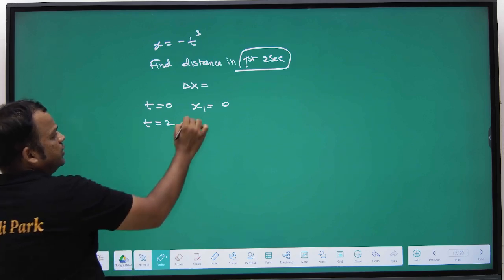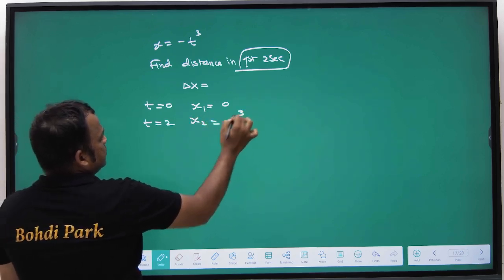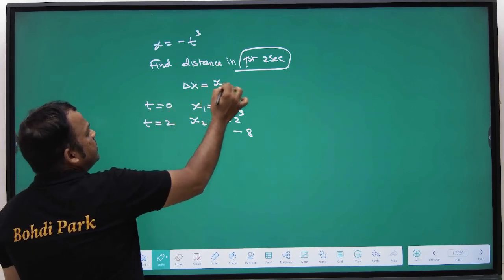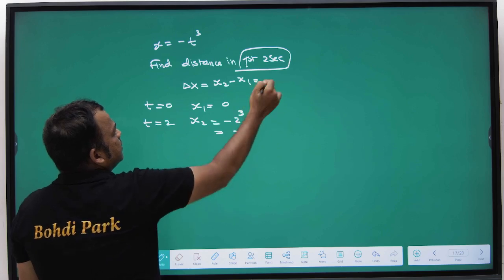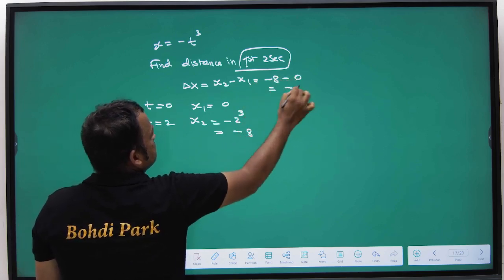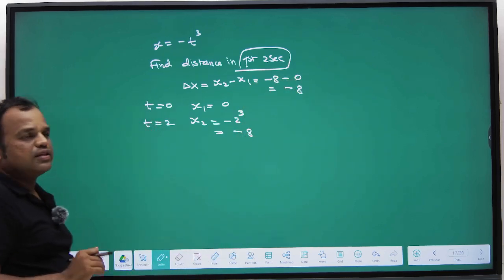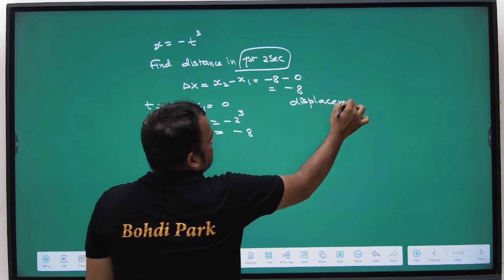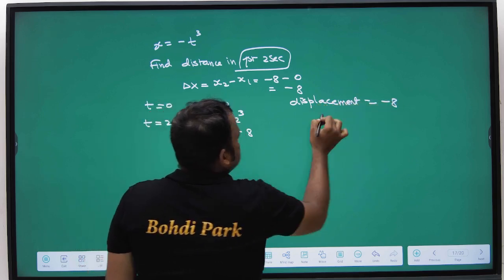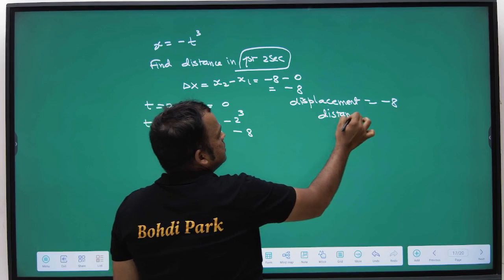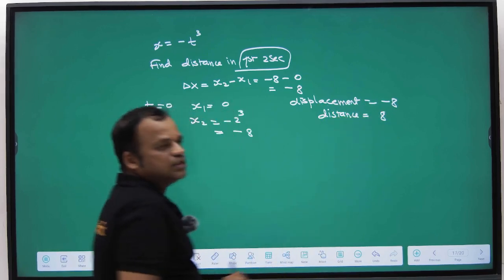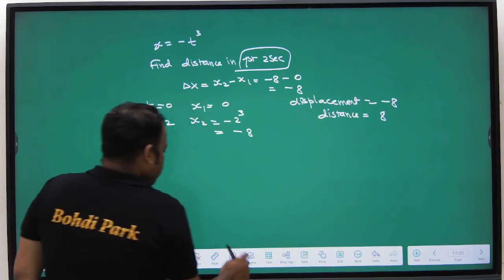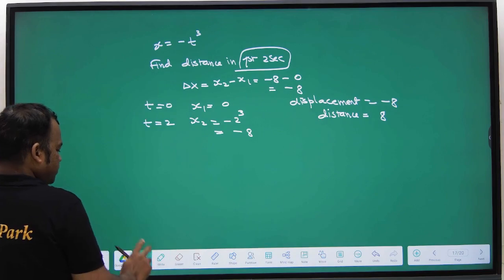It will be 0, and x2 will be minus 2 cube, so that is minus 8. So what is delta x? Delta x will be x2 minus x1, so that is minus 8 minus 0, so this is minus 8. So displacement is minus 8, but distance will be plus 8. Distance is a positive number, so distance is plus 8.